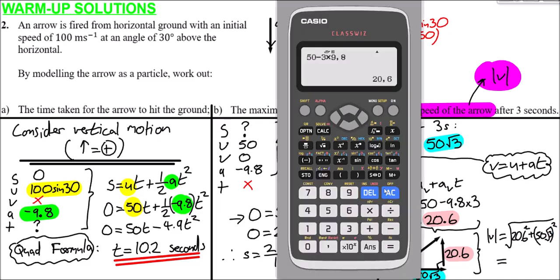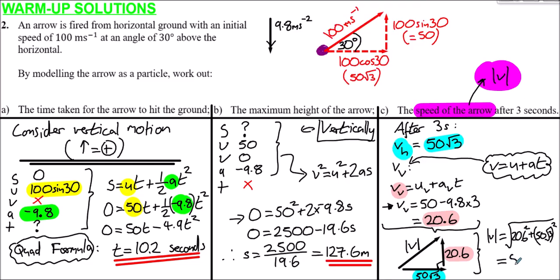Let's see what this gives us. So root 20.6 squared plus 50 root 3 in exact form, all squared. Press equals. We get a value of 89.0 meters per second. And that's warm-up question 2 complete.